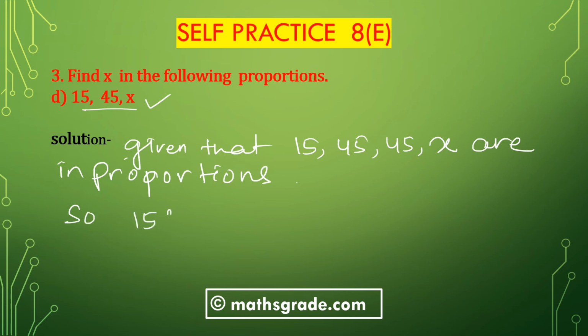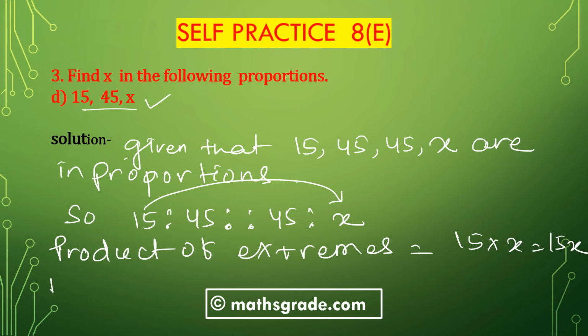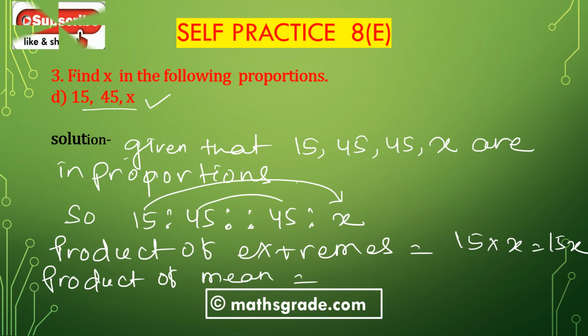So 15 is to 45 is proportional to 45 is to x. Product of extremes is 15 multiplied by x, 15x, and product of means is 45 multiplied by 45.